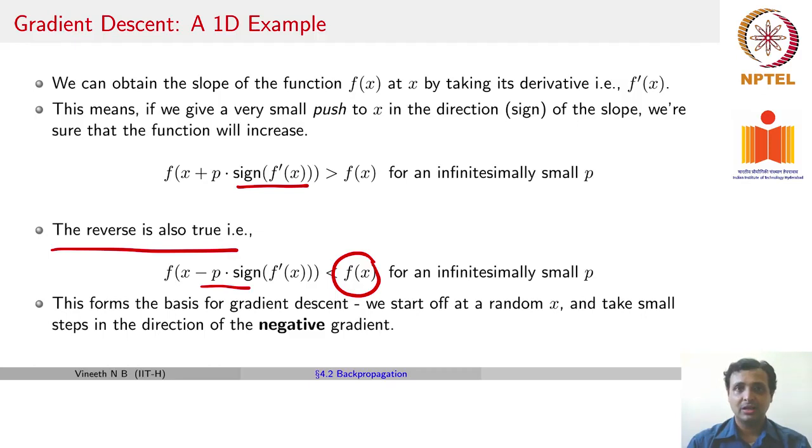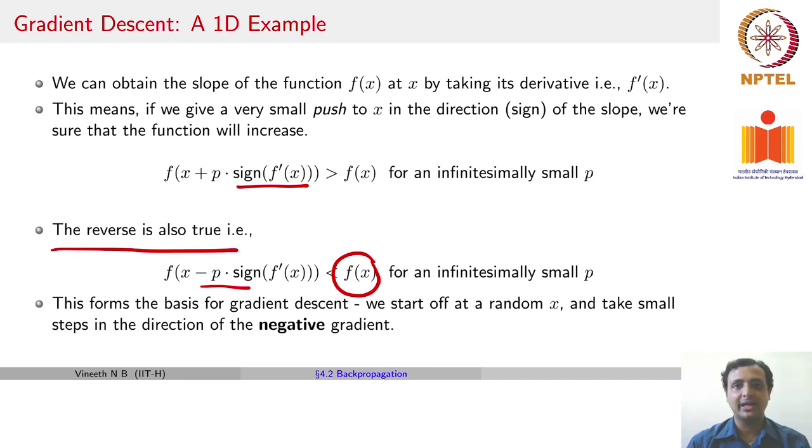If I take the gradient at a particular point x and go one step in the negative direction of the gradient, I'm going to find another point where the function value will be lower. Which means if I keep repeating this over and over again, I'll finally reach a point where the function value is the least.